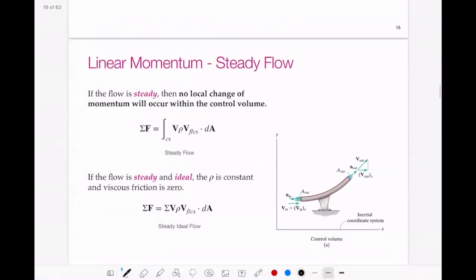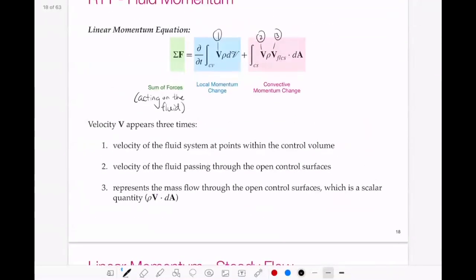And because that first term has this time derivative outside, if our velocity within the control volume at any fixed point is not changing with respect to time, and our volume is not changing with respect to time, then our first term, our local momentum change, is just equal to 0.